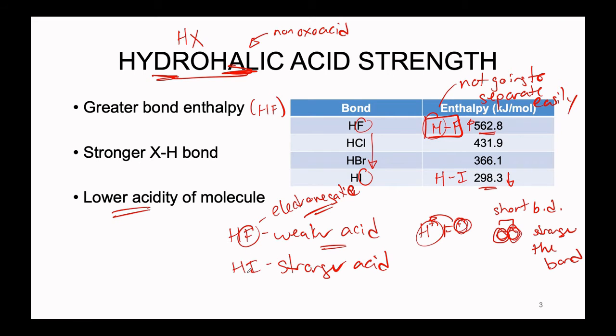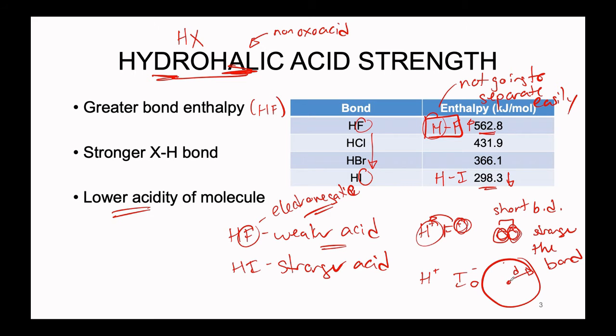The hydrogen iodide, as a contrast to this, we have a hydrogen that still in solution would give us a plus charge. This iodine would still have a minus charge. However, this iodine is super big compared to the H plus. This means that the minus charge is going to be very spread out at a very large distance.